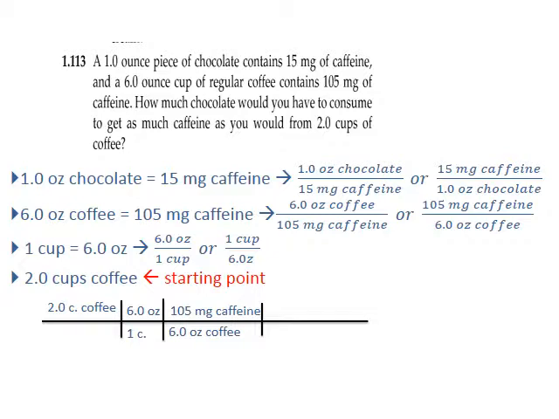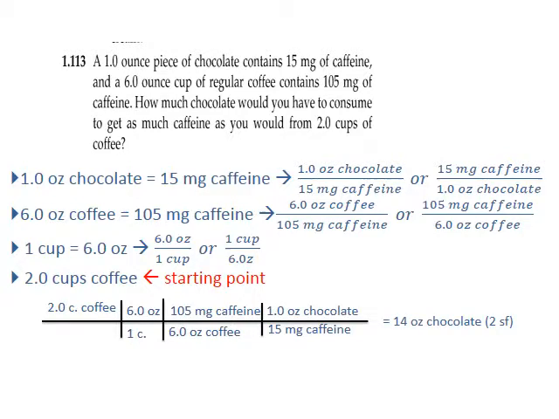So I've got another relationship here that relates milligrams of caffeine and ounces of chocolate. And it looks like I'm going to want my milligrams of caffeine in the denominator, because currently I have milligrams of caffeine in the numerator. So of my two relationships here, I should be using the first of the two, the chocolate milligram of caffeine relationship.